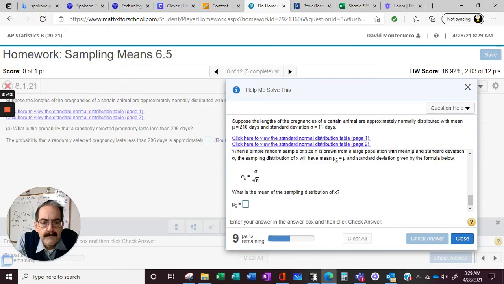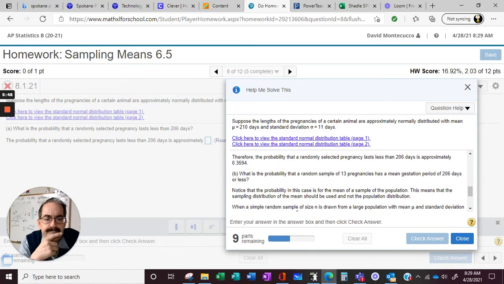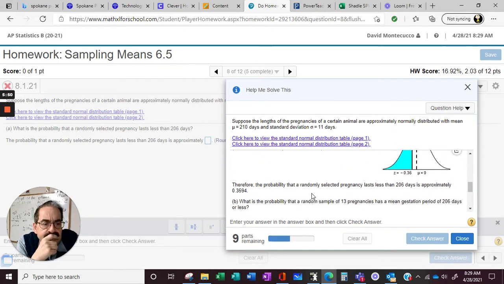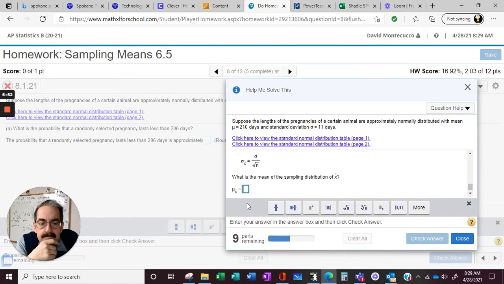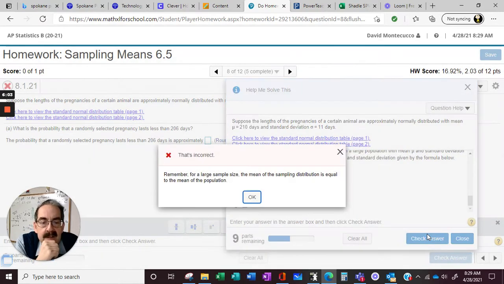So what is the mean sample distribution? I don't know. I have no idea. Then we're going to have to ask for help.